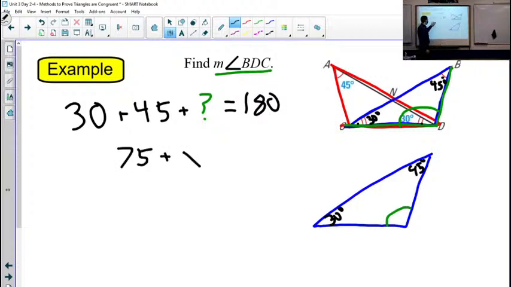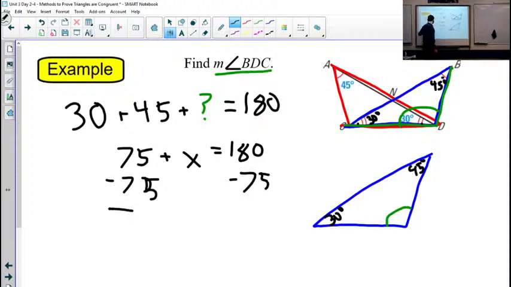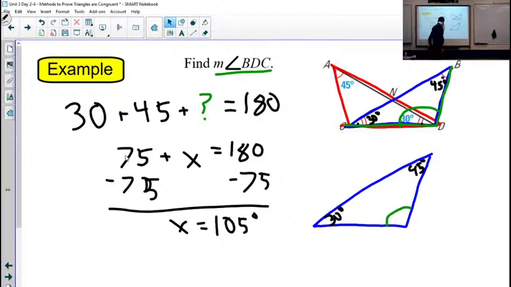And then I'll just call this x, since I don't know it. So subtract 75. And we get x to be 105 degrees.